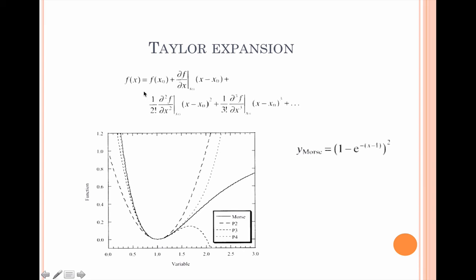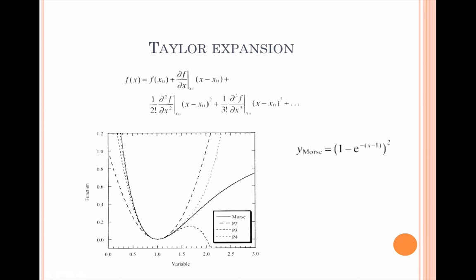So what we do is that we take our original complicated function and then we represent this in a set of polynomials by saying that at the expansion point we require that the two functions have the same value. Then we add the derivative of the complicated function with respect to x evaluated at x0 times x minus x0.